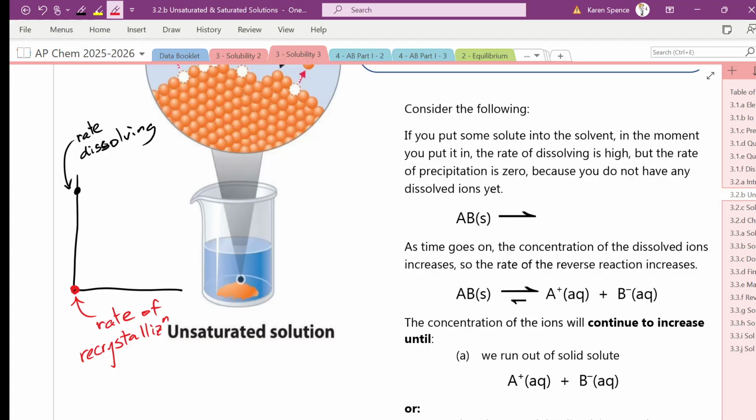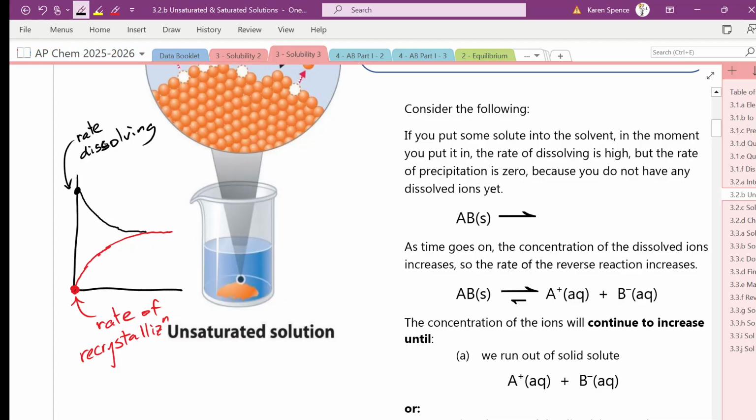what's going to happen to the rate of recrystallization as time goes on? It's going to curve upwards because we're making more ions, and if we have more ions, more can recrystallize. And what's going to happen to the rate of dissolving as time goes on? It's going to go down until eventually what happens? They equal, and we get to an equilibrium.